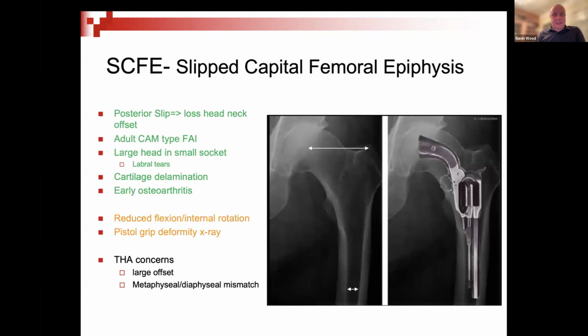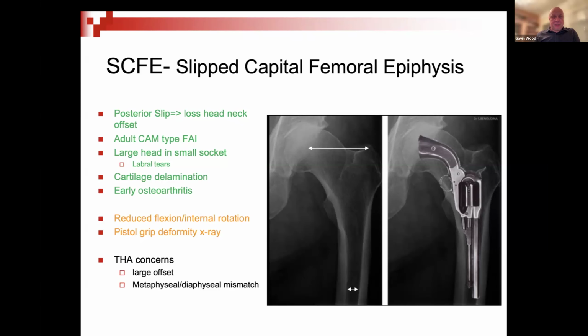So, SCFE or slipped capital femoral epiphysis, the milder ones that often go unrecognized will lead to a posterior slip, and this can lead to loss of the head neck offset. And this is what we've identified now as the adult CAM or femoral acetabular impingement, where you have this kind of large, odd-shaped femoral head in a small socket.